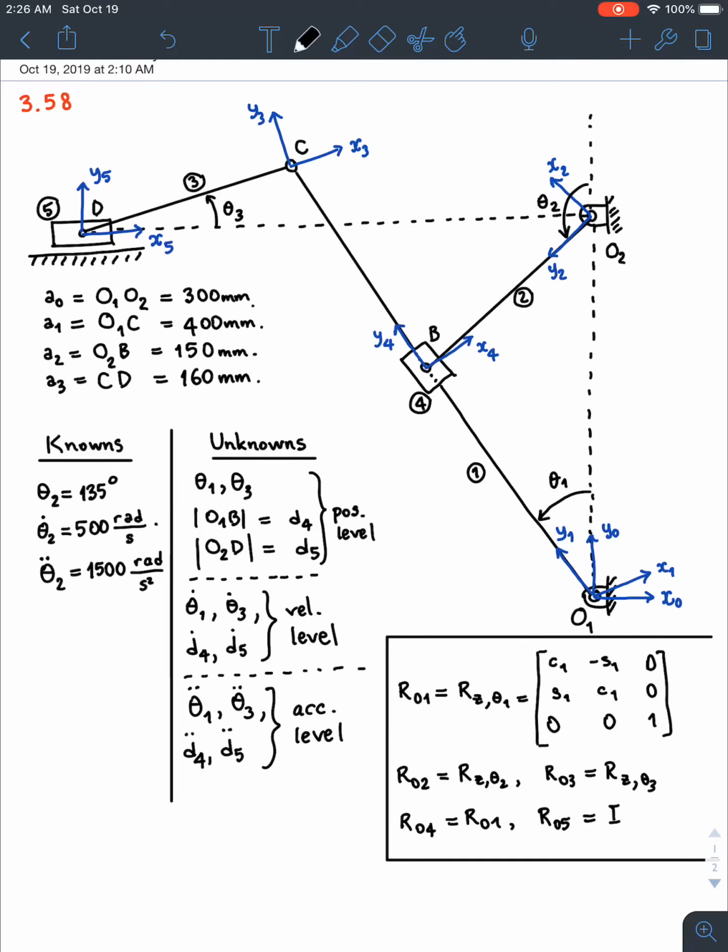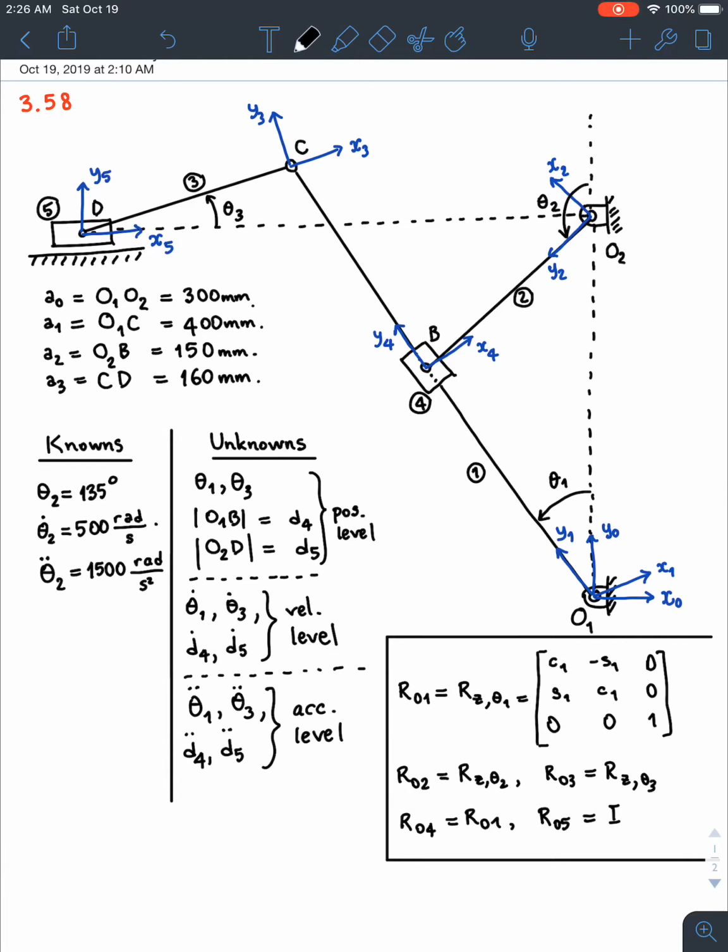And d5 is the distance from D to O2 along the x0 axis.